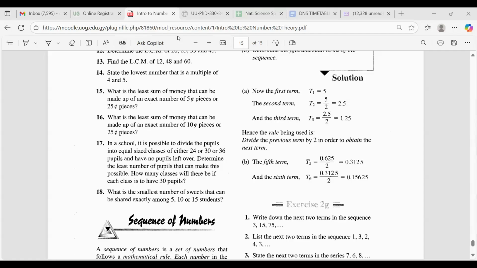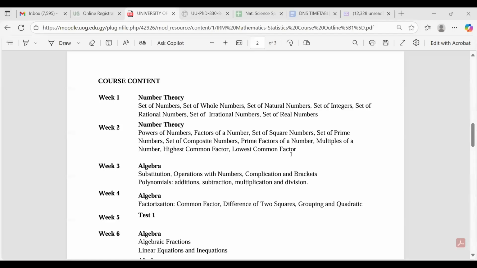Let me stop sharing for a moment. I'm going back to the course outline. Yeah, so we kind of end up here. We didn't get past this part. So what I'll do is cut a piece of the video I did with the other class on the order of arithmetic operations.